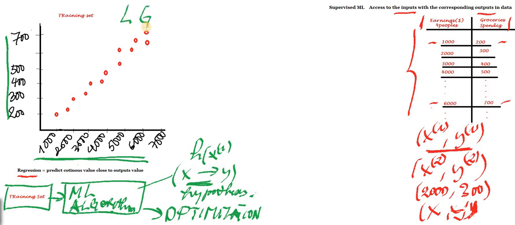So with linear regression, that means we want to find the hypothesis that is linear, like this one, a straight line. Basically, there are many hypotheses, we just want to pick the one that fits best our data. So we can denote this hypothesis as a function h of x superscript i.